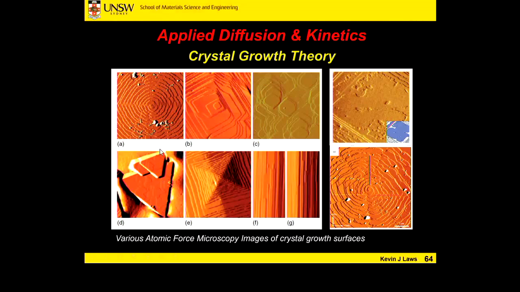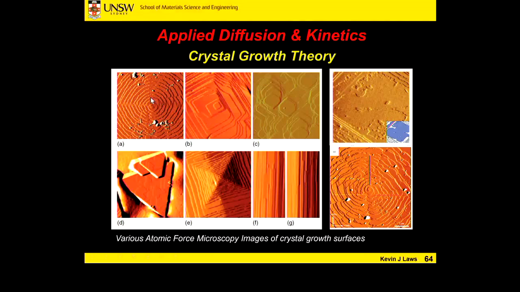Here we have one that might be on an FCC type structure. We've got 60-degree angles as preferred growth planes, 90 degrees. This one here is parallel. And as we mentioned before, often these can be associated with dislocations.